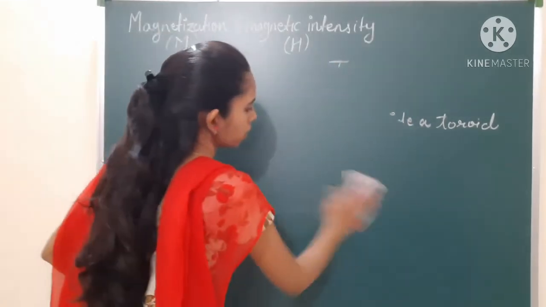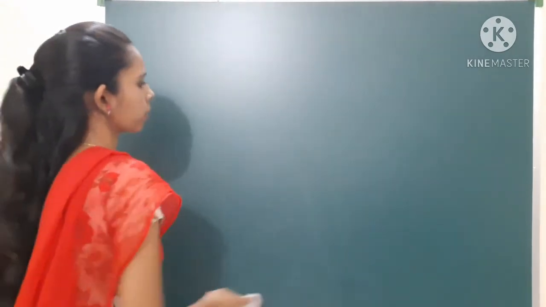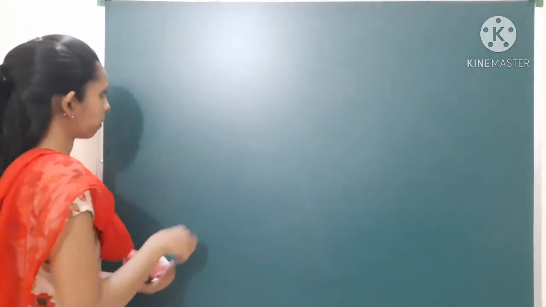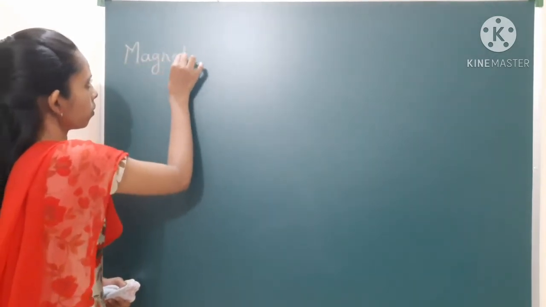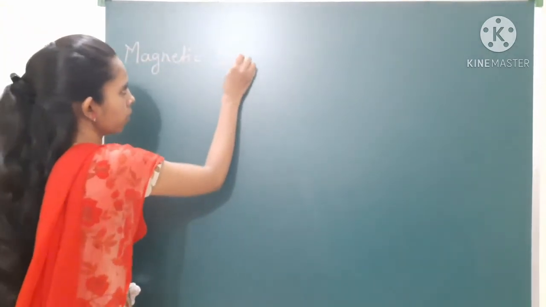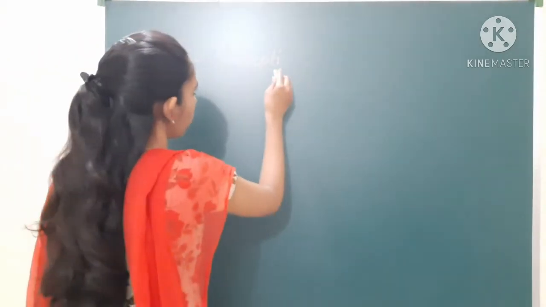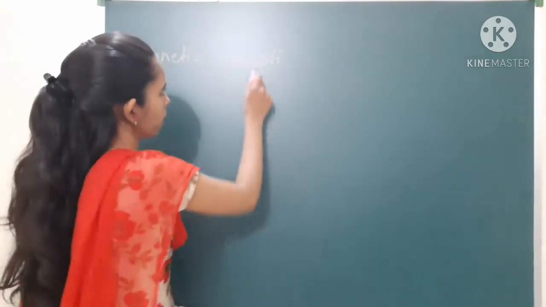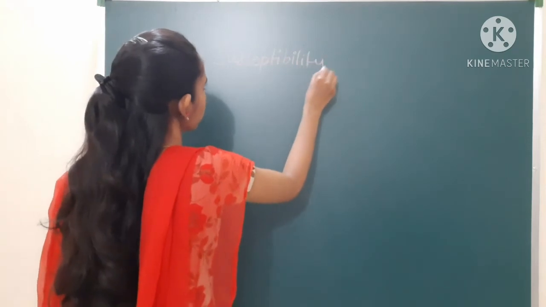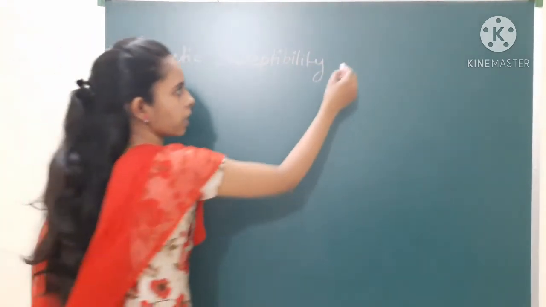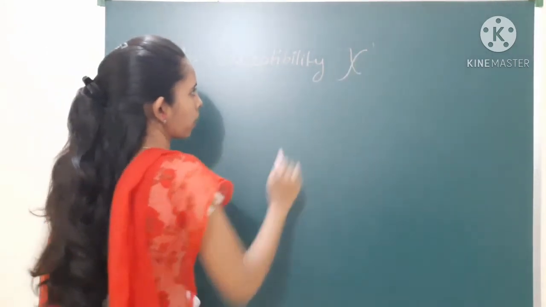Now let us see the next topic, that is magnetic susceptibility. Magnetic susceptibility is a measure of how magnetizable a material is. It is denoted by this symbol, which is called Xi.